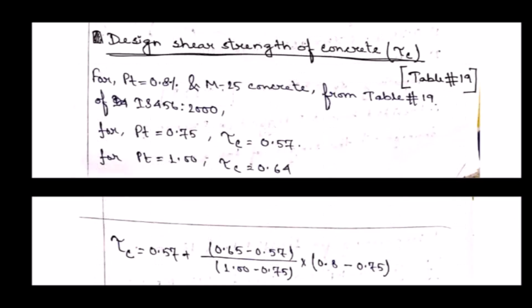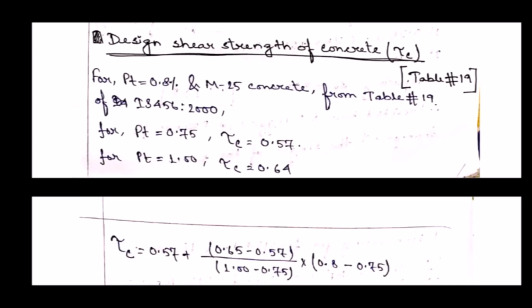So from table 19 of IS 456:2000, tau c for 0.75 is 0.57, and tau c for percentage of steel 1 is 0.64. For percentage of steel 0.8 the value should lie between these, so from interpolation we may find out the value.